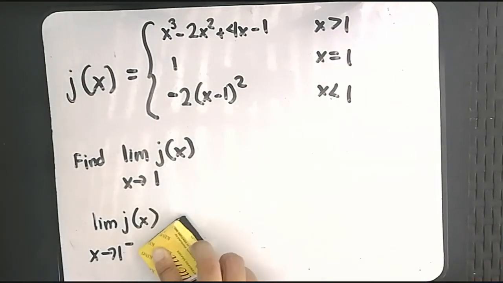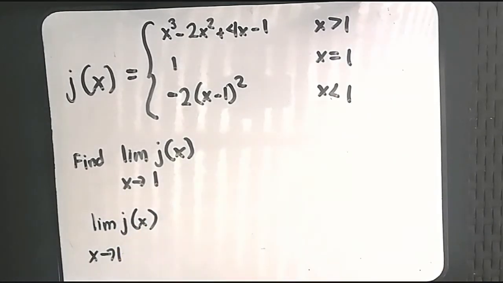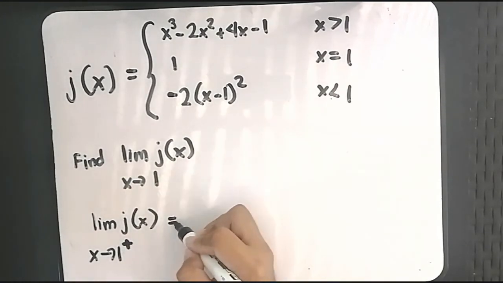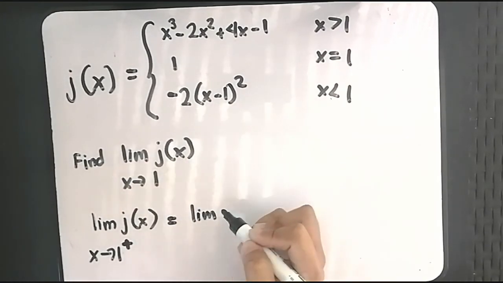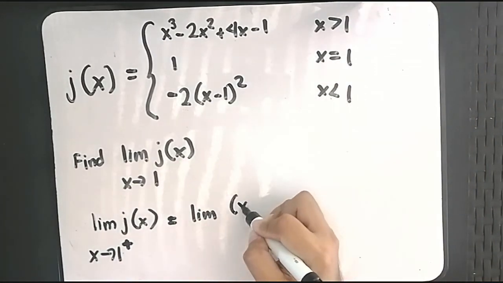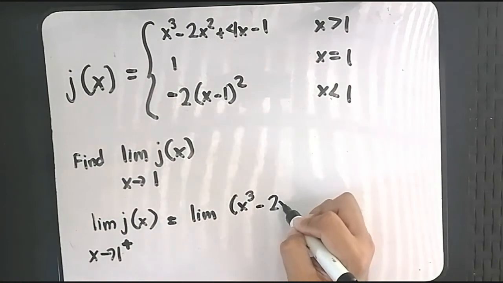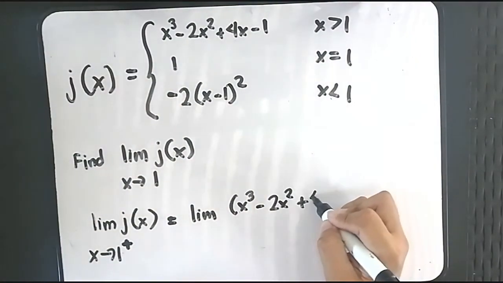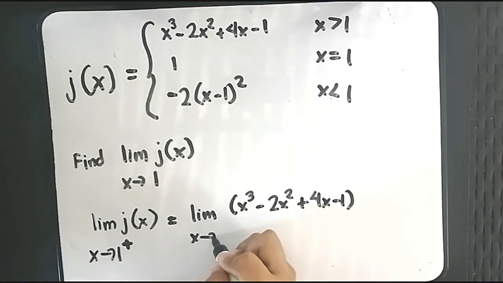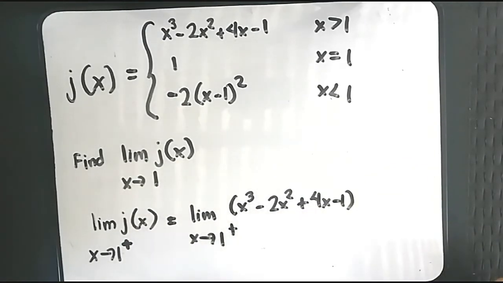Now, for the second part, we will show that the limit of j of x as x approaches 1 from the right. So, this is equal to the limit of, eto naman ang gagamitin natin. So, we have x cubed minus 2x squared plus 4x minus 1 as x approaches 1 from the right.